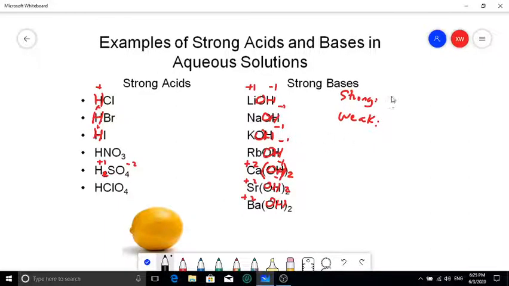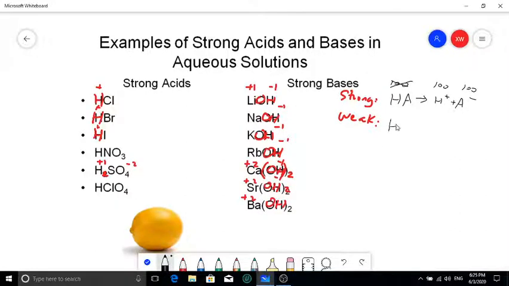Now for a strong acid, HA, I'm just using A generally to indicate this is an acid. It does this. Well, isn't that what all acids do? Not exactly. So let's say you have 100 molecules of acid. You're going to have 100 protons and 100 of whatever the counter ion is, and these 100 molecules of acid will be gone. Okay, everybody will dissociate into pieces.